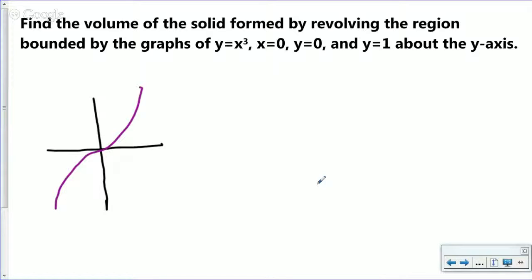I also want to use the graphs x equals 0, y equals 0, and y equals 1. Let's call this 1. Okay, and I want to revolve about the y-axis.